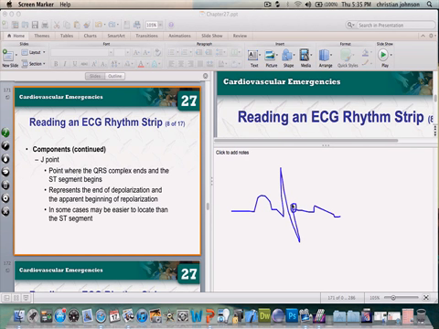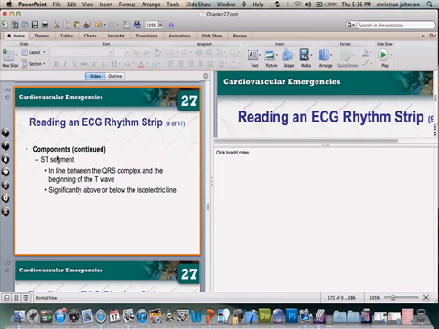So when we're looking at the junction of my S wave to my isoelectric line, I have to make sure that it is not above baseline and not below baseline. That's what we use to diagnose heart attacks. It could mean a whole bunch of different things, and we'll get into that when we start talking about heart attacks and MIs. But that is what your J point is.